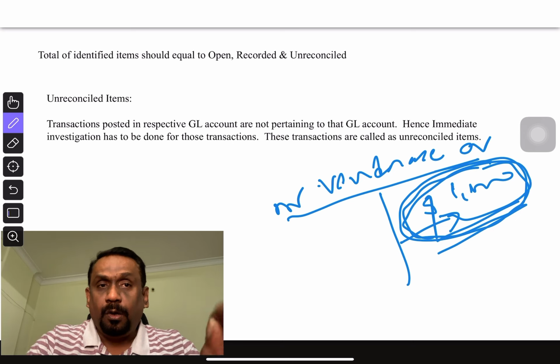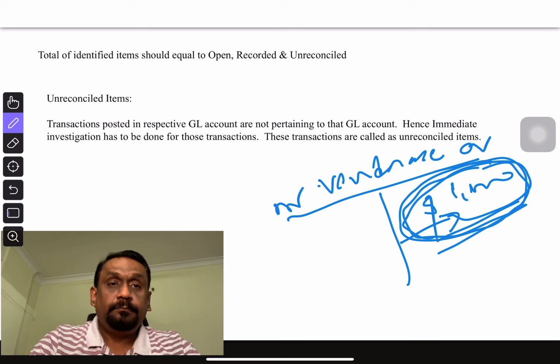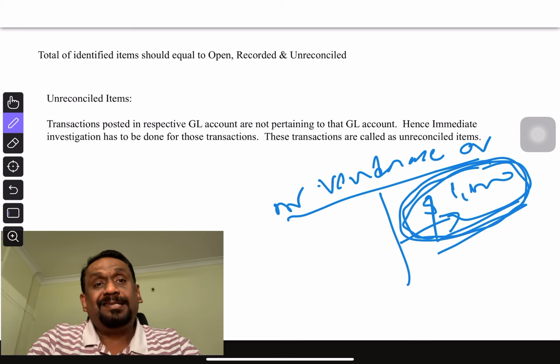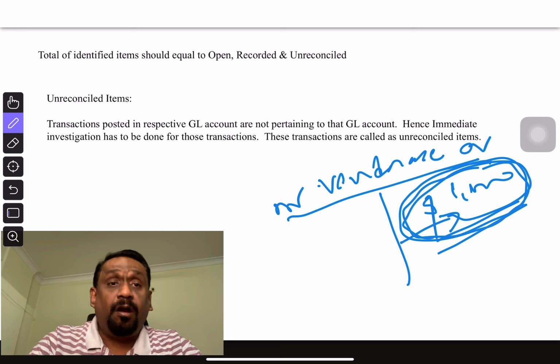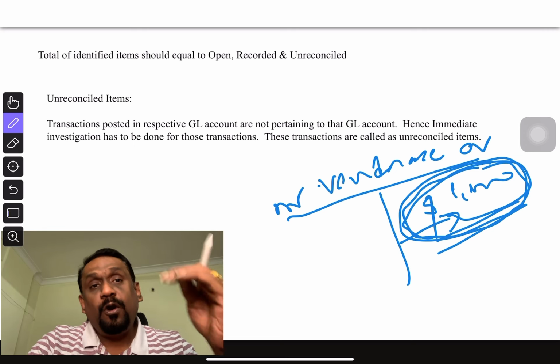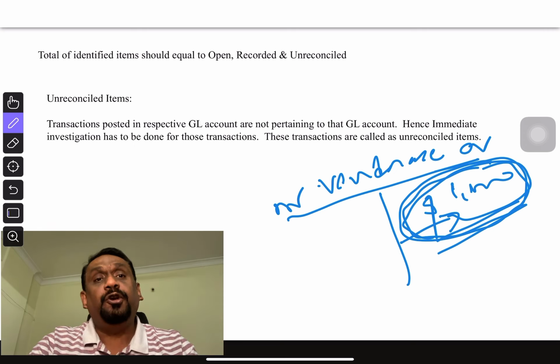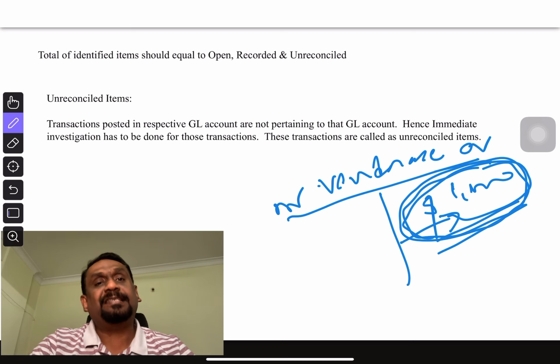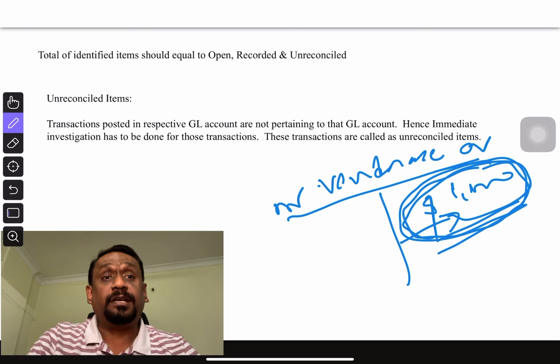Right? One last point. When we talk about open item, as I said previously, if that open item is still continuing in that account for more than 60 days or 90 days or 30 days, it all depends on the respective company reconciliation policy. If that exceeds beyond a certain time limit and still continues to be there in that account, that open item should be treated as an unreconciled item, and you have to start investigating that transaction to rectify it.